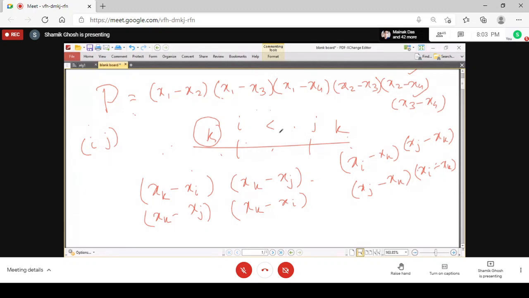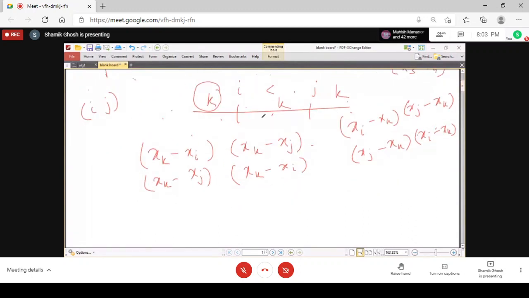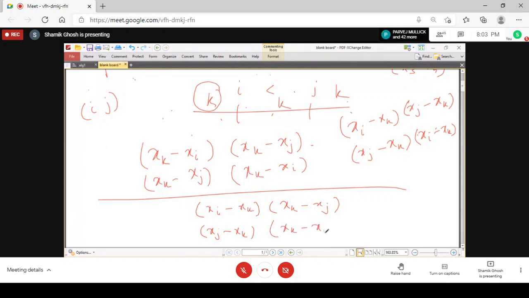But if any k is lying between i and j, then what happens? Since i is less than k, in the original the term was xi minus xk, and since k is less than j, the term was xk minus xj. After the transposition, we got xj minus xk and xk minus xi.